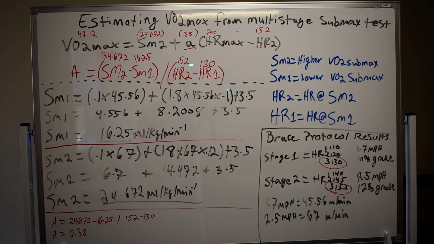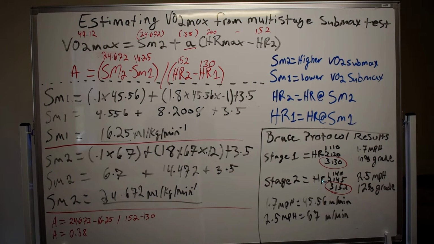I've put the numbers up there already, and I've got those from these given numbers over here where the green dot is. I just threw some numbers in here. Stage 1 Bruce protocol: here's heart rate 1, heart rate 2, heart rate 3. This circled heart rate, which is 130 beats per minute, is going to act as our HR1.